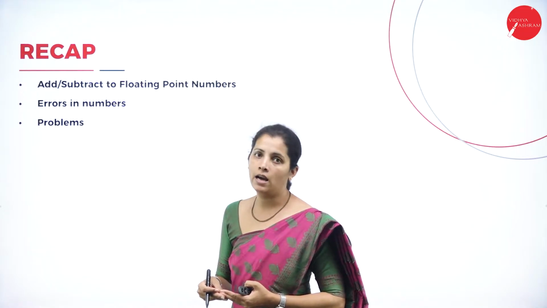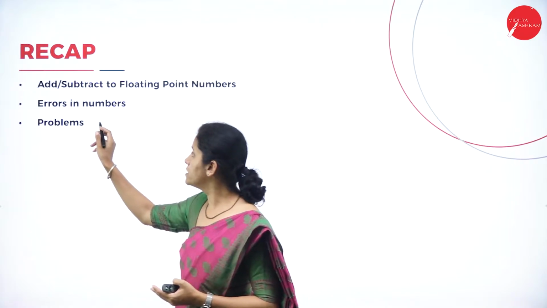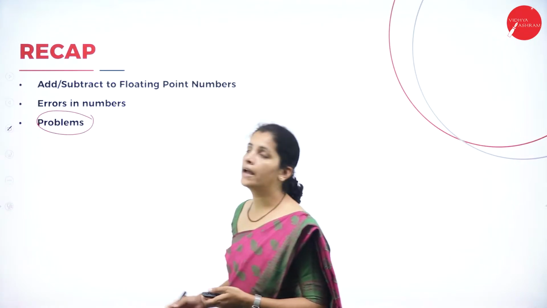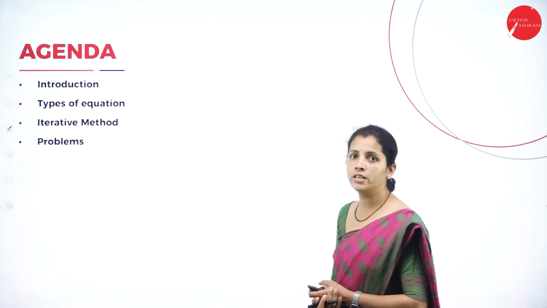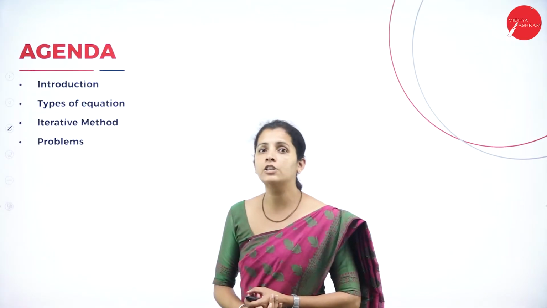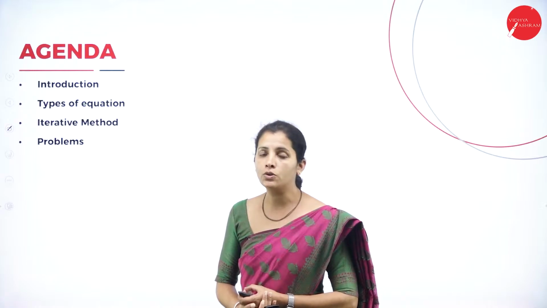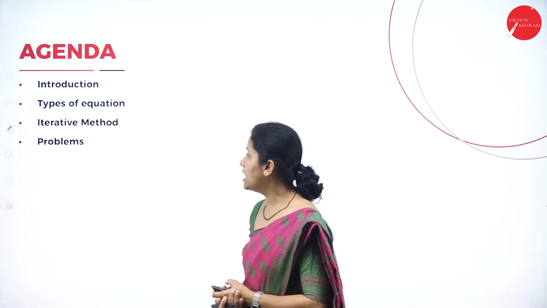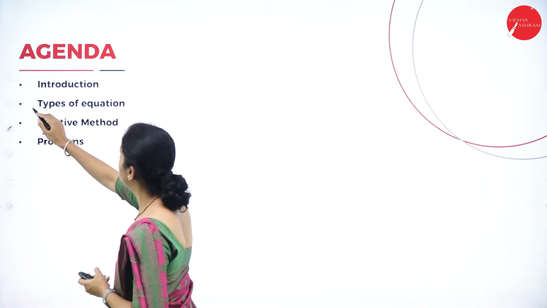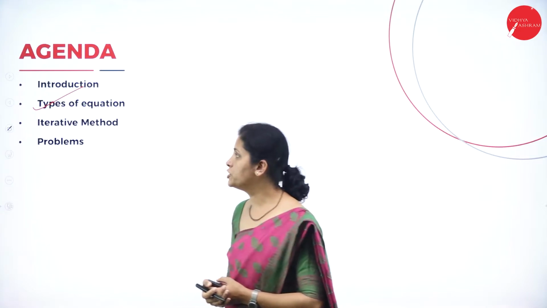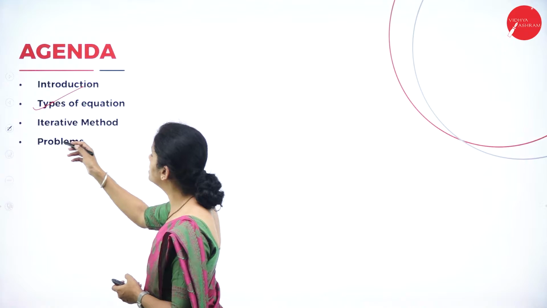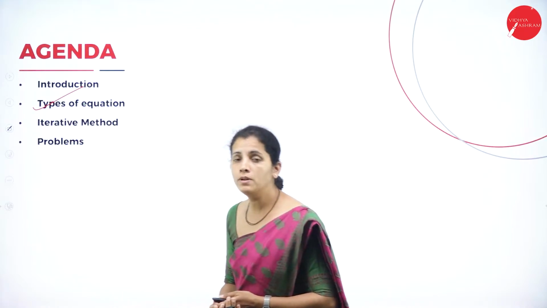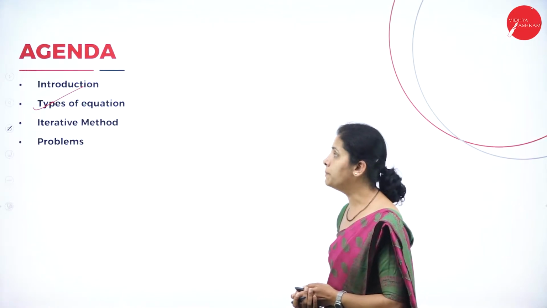Along with that, I have discussed some of the problems under errors in numbers. But now in my today's session, I'm going to deal with introduction about roots of an equation. Along with that, I'm going to deal with types of equation. In that, I'm going to deal with iterative method as well as problems under iterative method.